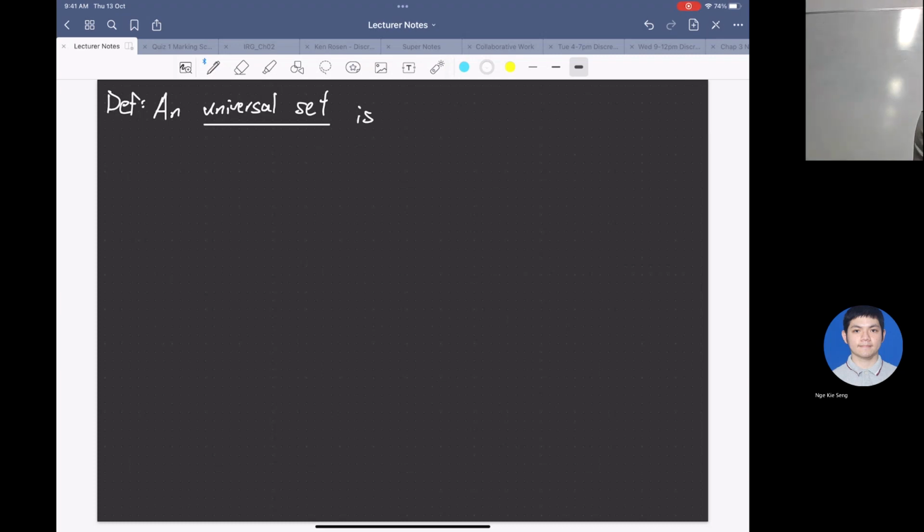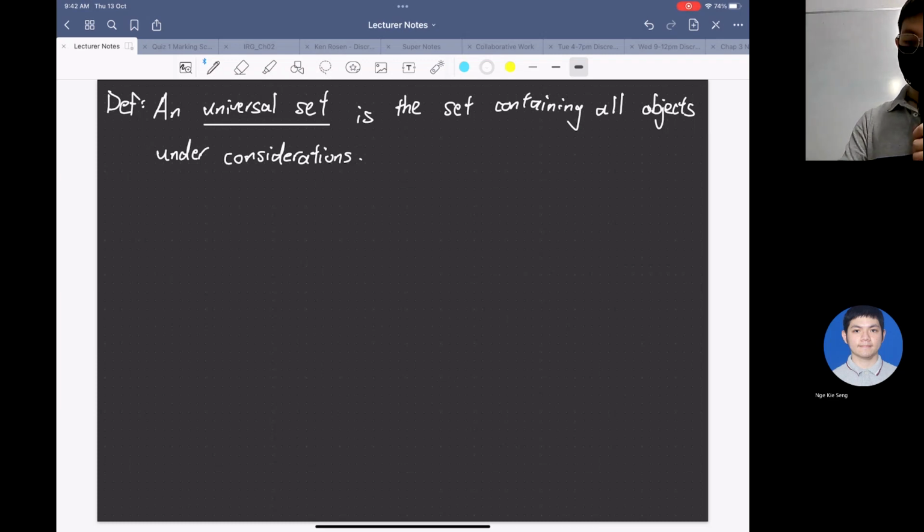So the universal set is a set that contains all the objects under consideration. So we can create a universal set that includes all the sets that we are currently considering.